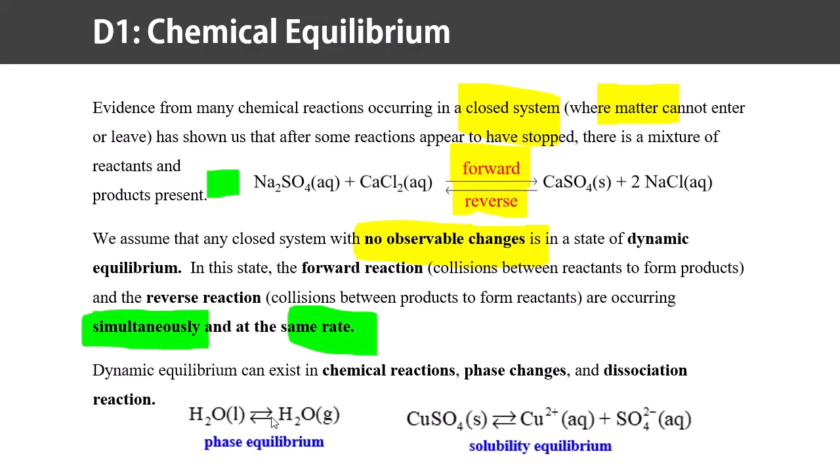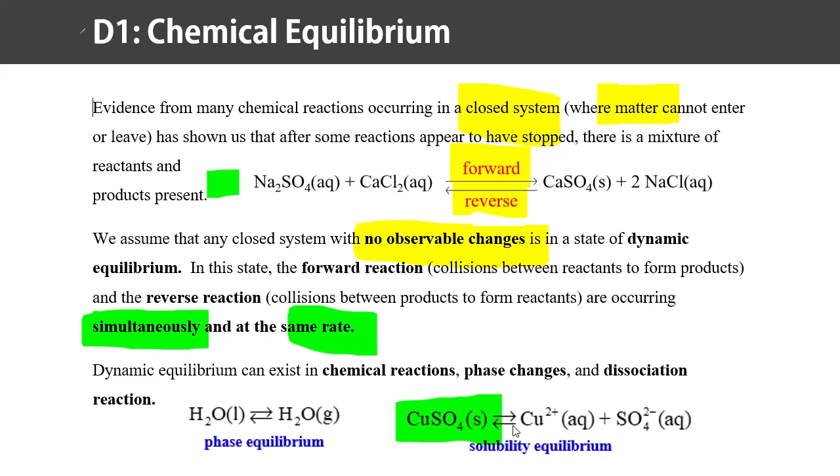Same thing if I have a solid that's dissolved in water. Maybe I've dissolved more solid than the solution can hold, so I've gone past the solubility. So now instead of just having a nice, clearly dissolved beaker, I've got a pile of solids sitting at the bottom of the container. And the pile of solid doesn't get smaller, and the pile of solid doesn't get bigger.